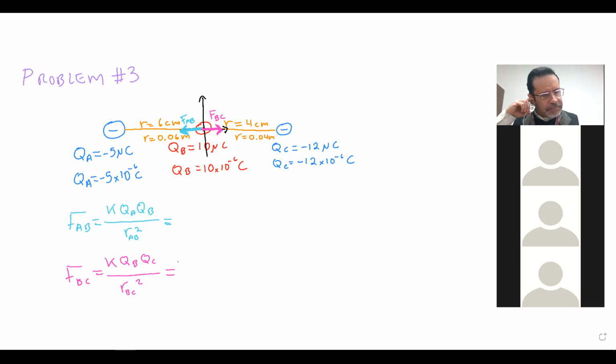Forces A and B. While I write this down, House Turn Down for Watts, do the calculations, please, so you can give me the value of the force times 10.